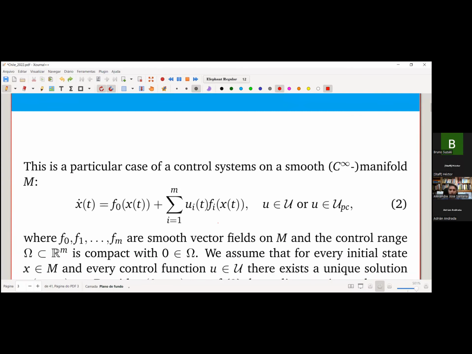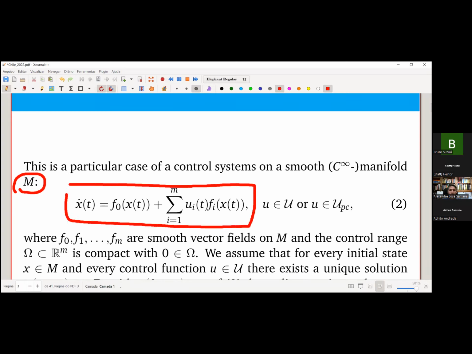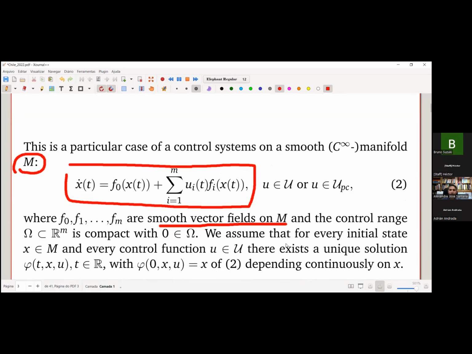In a more general context, instead of Euclidean space, we can consider this smooth manifold M and take this equation here, where F0, F1, and so on are smooth vector fields on M. And we have again the control range in Rm.